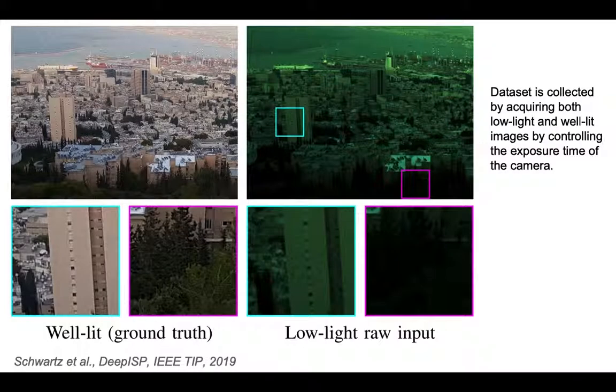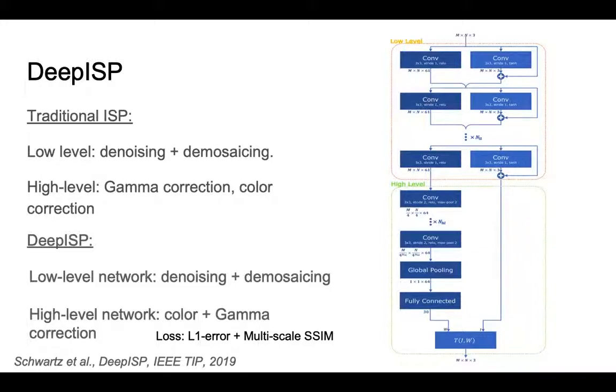So what the traditional ISP does in the low level processing is denoising, demosaicing, and some gamma correction and color correction. Gamma is correcting the white. If you know how you manufacture the camera, then you know which color leads to what, so you do the correction and then some color correction.